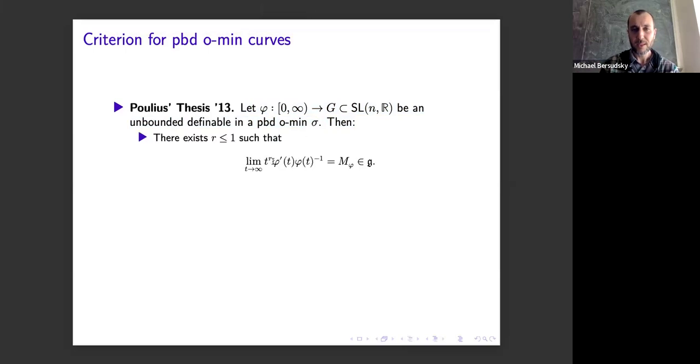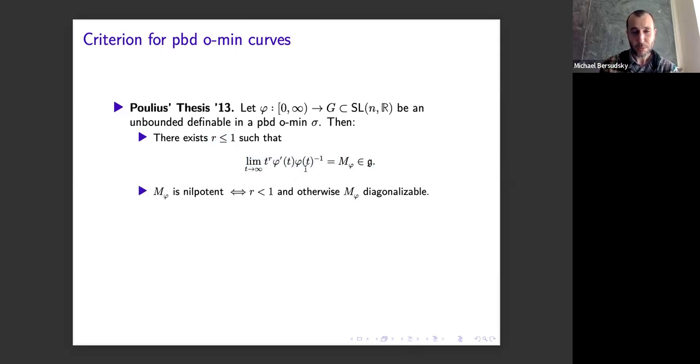Then there exists a unique r such that the limit of t to the power r times this, which is just the coordinate-wise derivative, an element in the Lie algebra of G, converges to a matrix, which we call M phi.